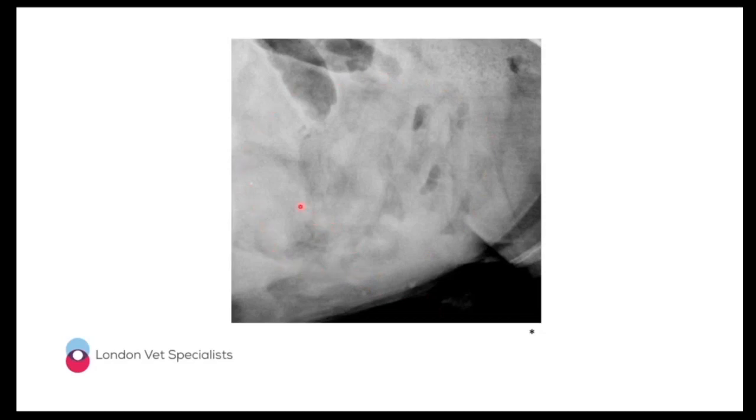So we can still make out little radiopacities throughout the abdomen, but it's very difficult for us to get a good handle on exactly where the margins of the organs are. And uniformly, the opacity looks a little bit mottled and a little bit fuzzy. So this is definitely a patient with reduced peritoneal serosal detail, and that would be compatible with either a peritonitis or a peritoneal effusion, or both. But this one a little bit more subtle than the previous.